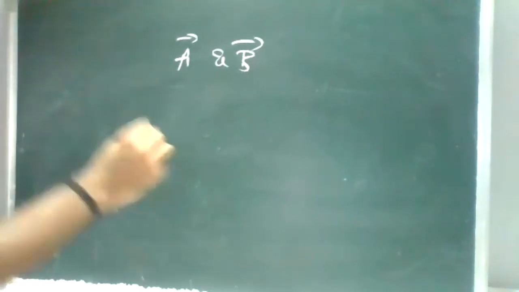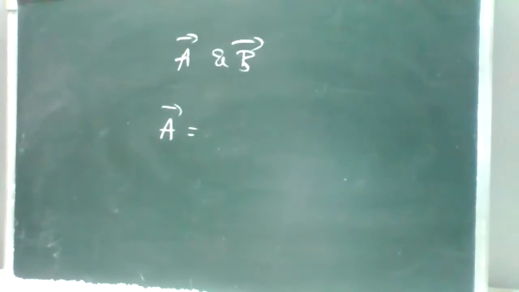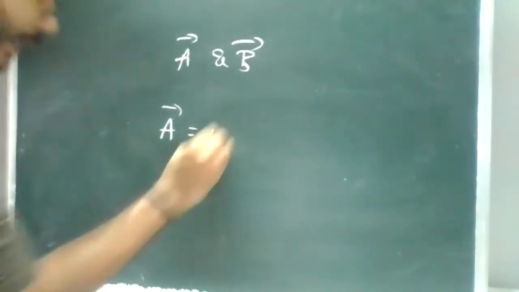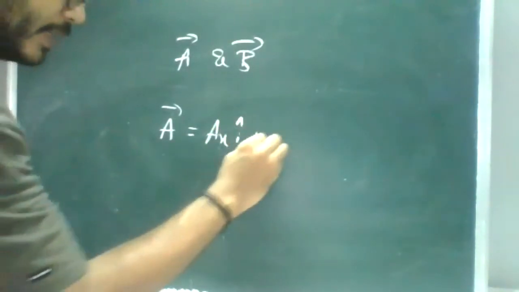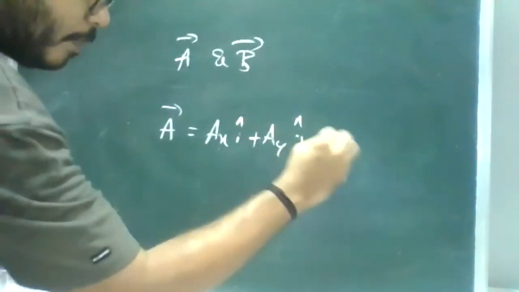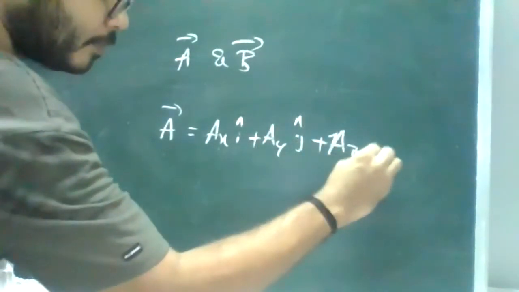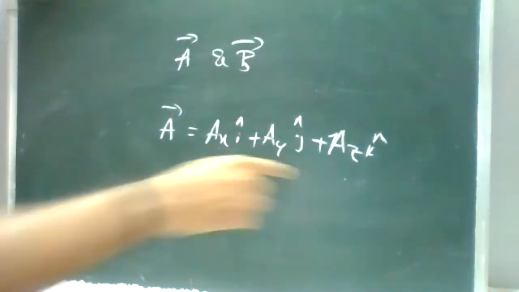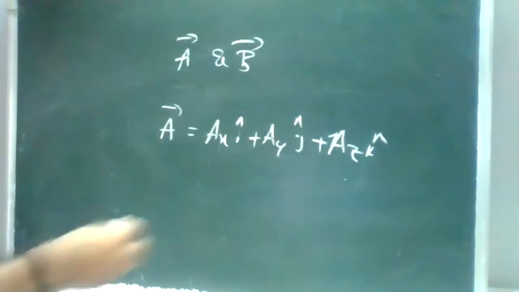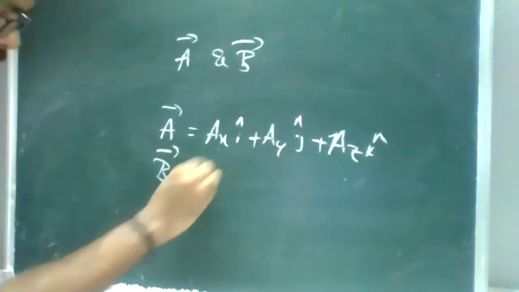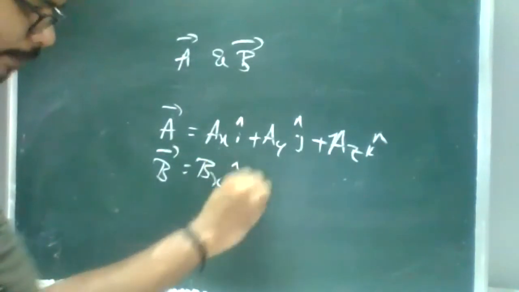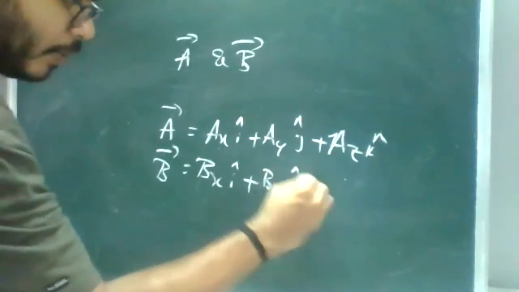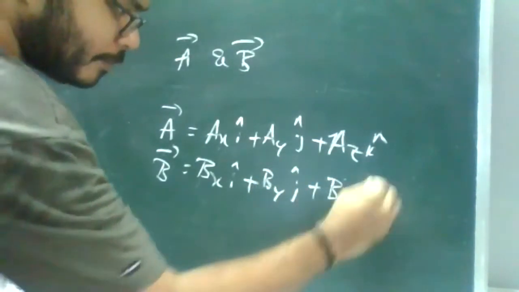So assume I'm taking a vector, A vector. When we are discussing with the three axes, A vector is Ax i cap plus Ay j cap plus Az k cap. So it is your A vector with respect to x-axis, y-axis and z-axis. Now we are taking B vector. So it is Bx i cap plus By j cap plus Bz k cap.